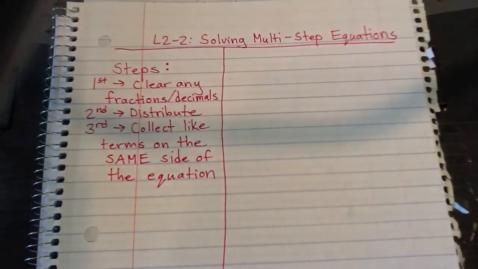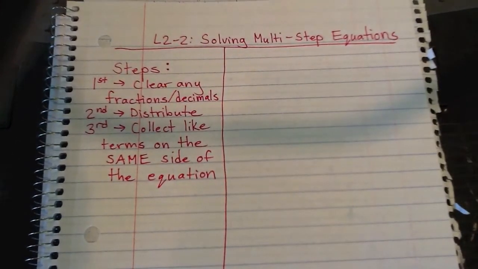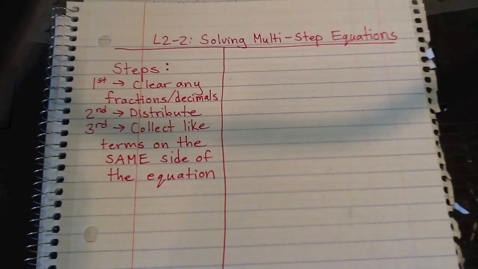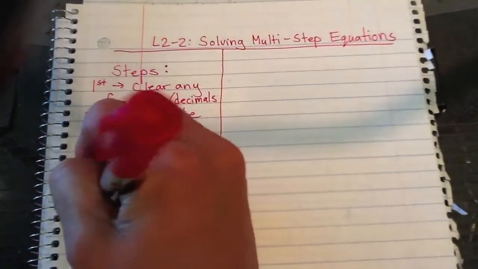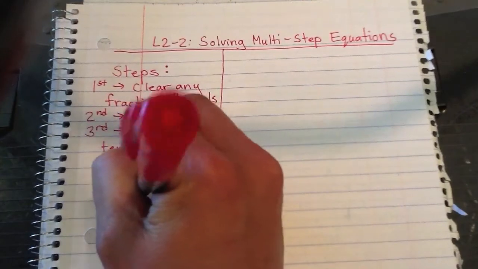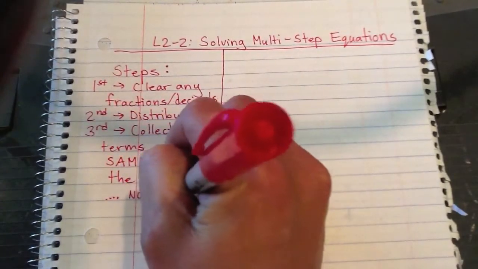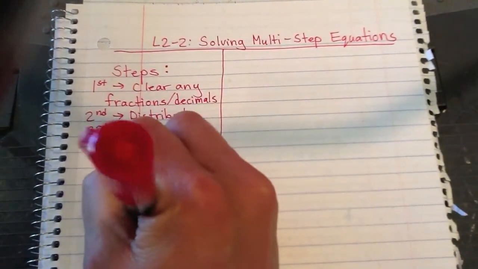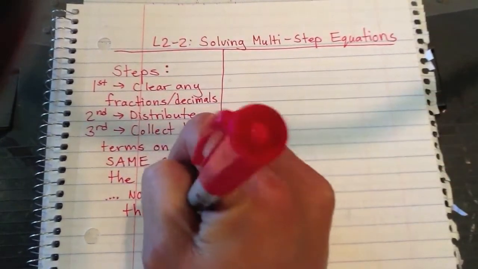So we're not talking about moving things across that line that I've been drawing. We're talking about on the same side. That's part of the reason I have you drawing that line. So just put not across the equal sign.